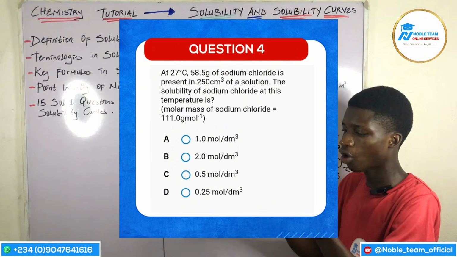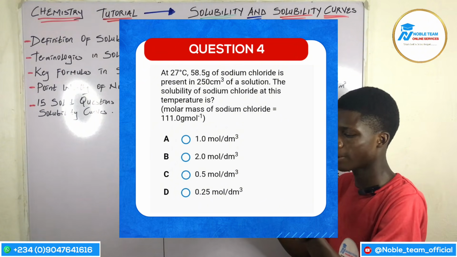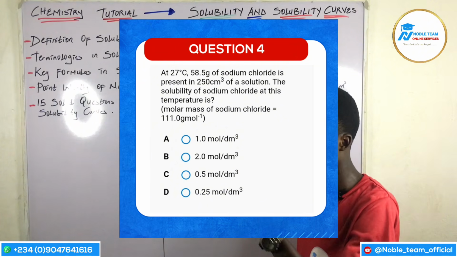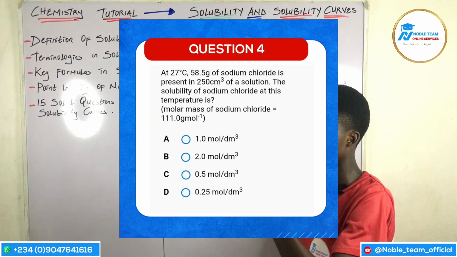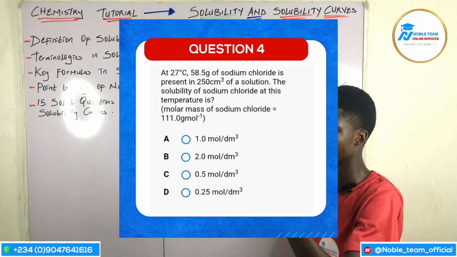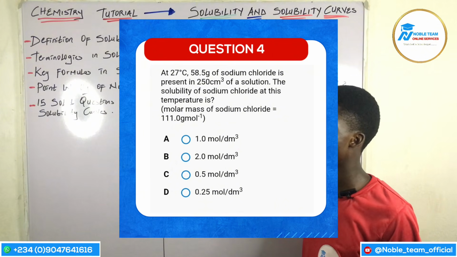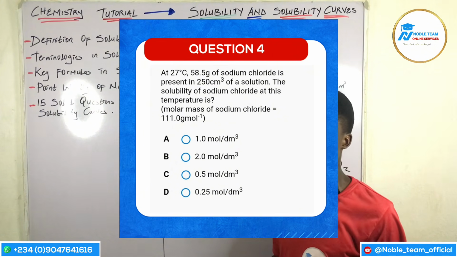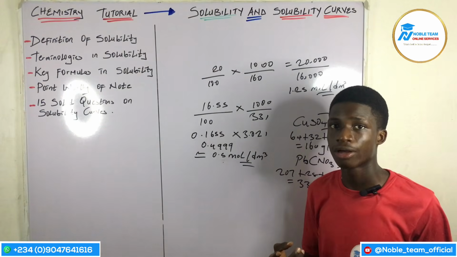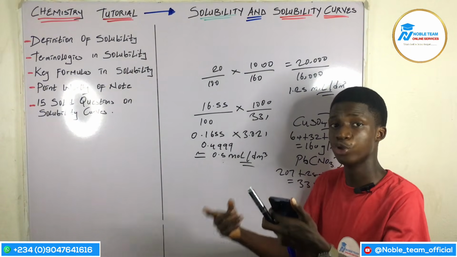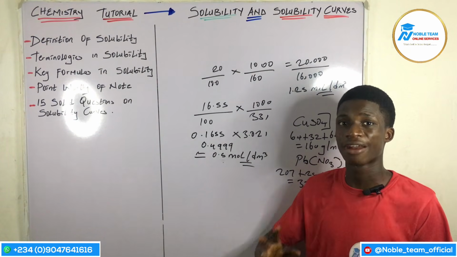The solubility of sodium chloride at this temperature is what? And we have the molar mass of sodium chloride to be 111.0 gram per mole. Once you hear volume, it simply means you are using the formula that involves volume. This is very, very simple.